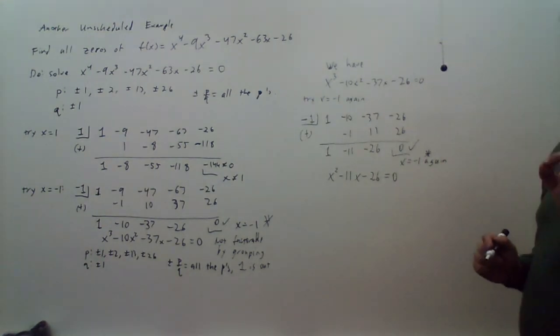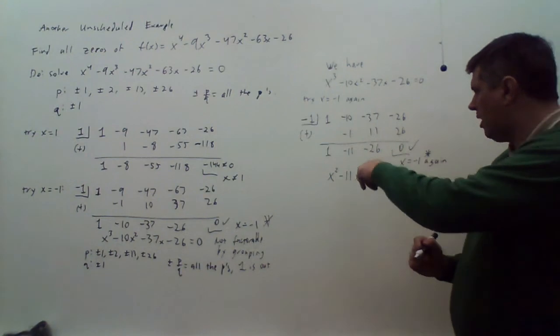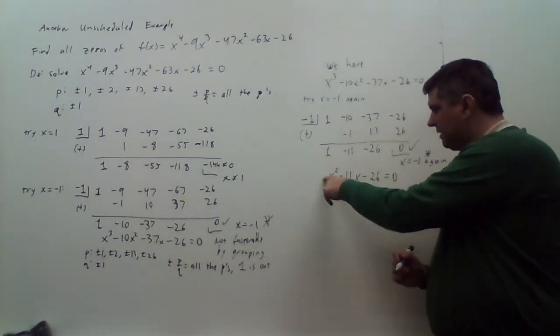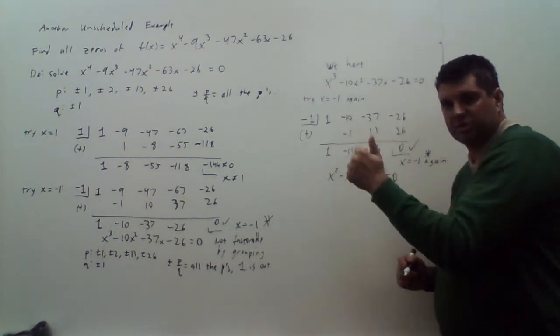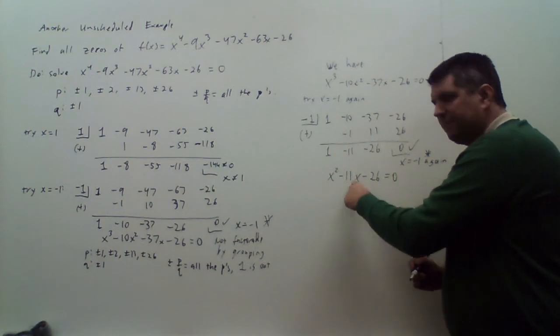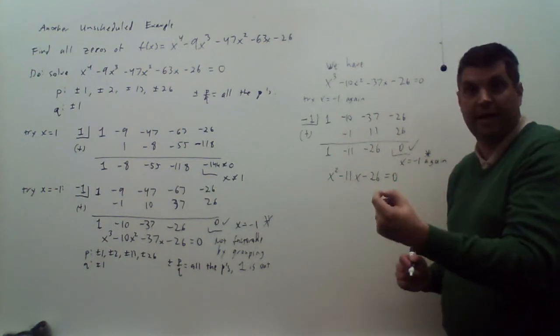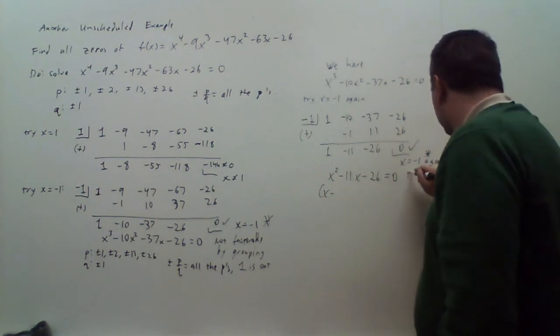I want to see if it's easily factorable. The coefficient is 1, that's a good sign. I'm looking for two factors of negative 26 that add to negative 11. That's negative 13 and positive 2. So it's factorable.